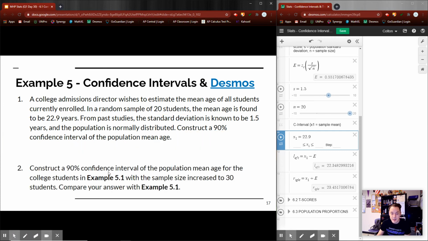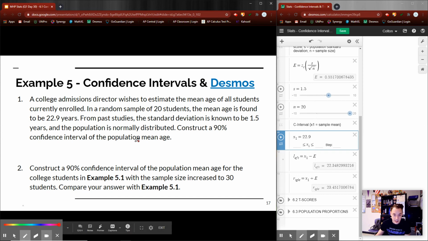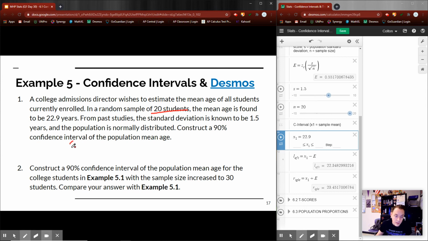Now, construct a 90% confidence interval of the population mean age for college students of example 5.1 with the sample size increased to 30 students. So now it's not going to be 20 students, it's going to be 30. Let's change it to 30. Everything else is going to be the same. My mean is still 22.9 and my standard deviation is still 1.5.